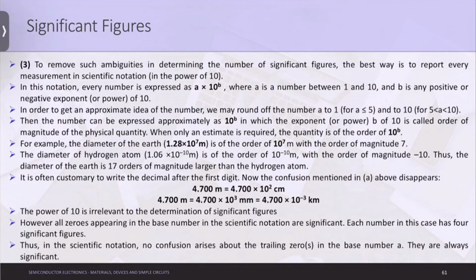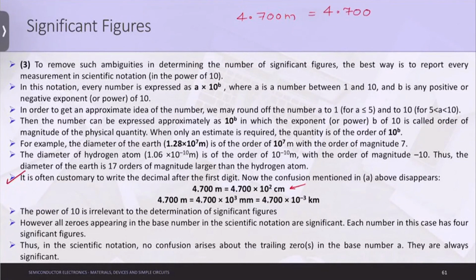Next, it is said that it is often customary to write the decimal after the first digit. Now the confusion mentioned in A above disappears. Let us take an example. Let us say we are writing 4.700 meters.